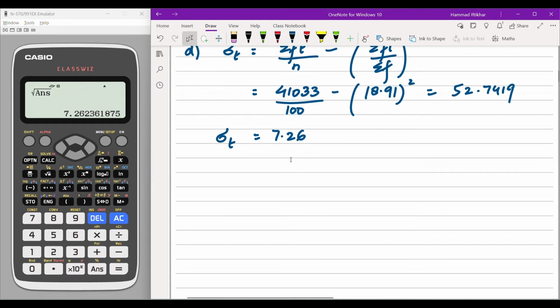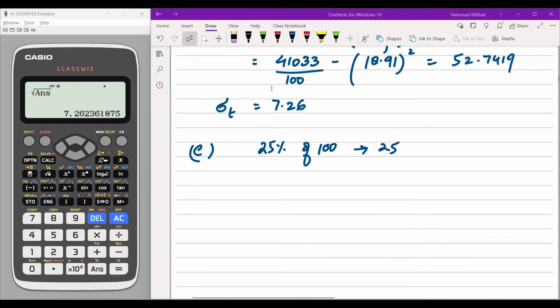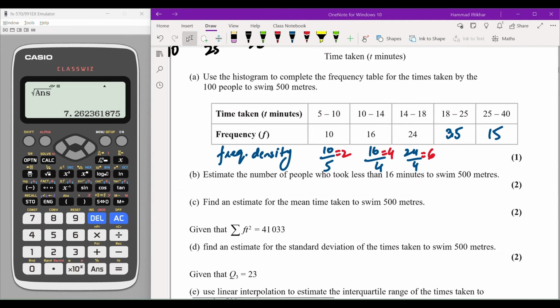So the quartile is at 25% of the total frequency. So that's at 25. So let's see where the 25 adds up from the start. So 10 plus 16, the total over here adds up to 26. So this means that 25 is in this class over here.